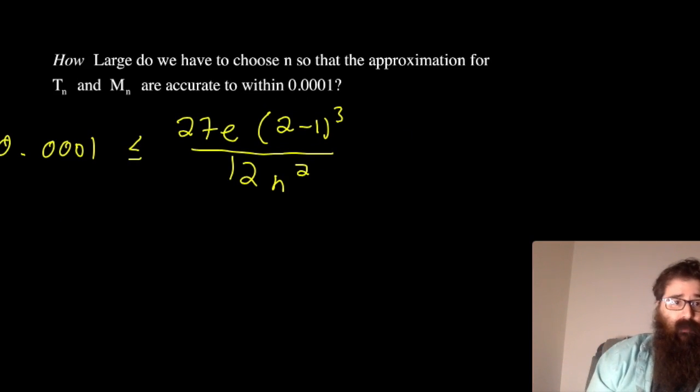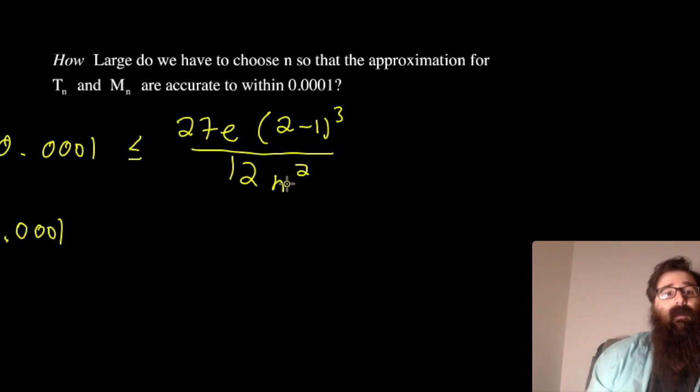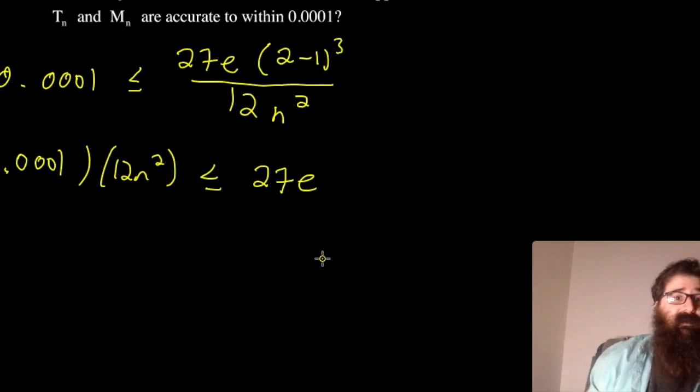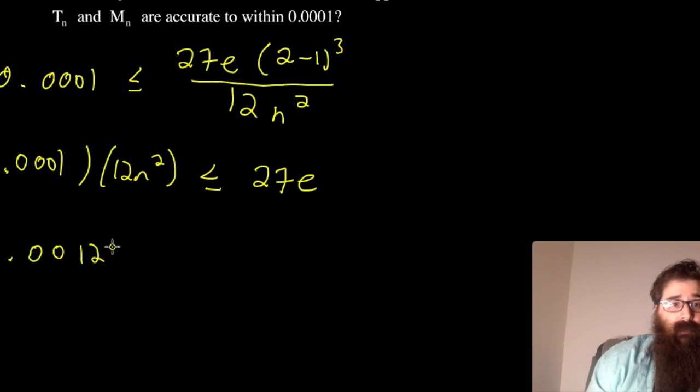Let's say here I have 0.0001. And then I can multiply the 12n squared over. Why not? And then less than or equal to, and then here I have 27e times 1 cubed, which is just 27e. And if I want to multiply the 12 in, that's going to give me 0.0012 n squared, less than or equal to 27e.